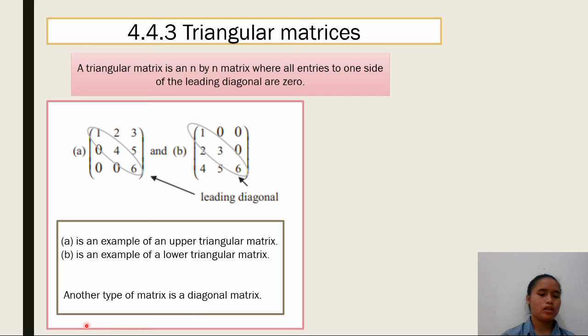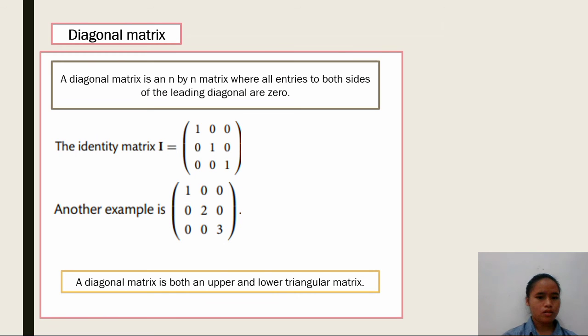Another type of matrix is a diagonal matrix. A diagonal matrix is an n by n matrix where all entries to both sides of the leading diagonal are 0. So the identity matrix is an example. Another example. A diagonal matrix is both an upper and lower triangular matrix.